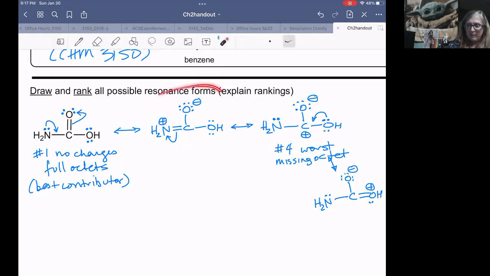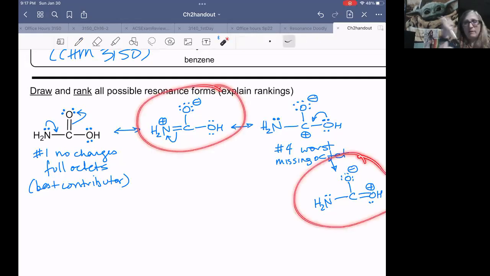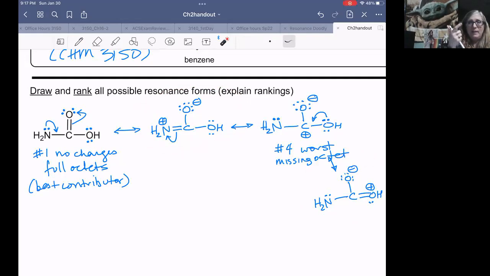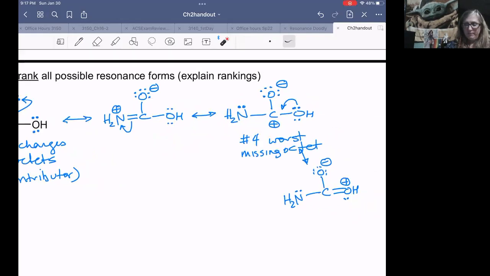All right, so now when we compare our last 2, they both have a plus and a minus. They both have all filled octets. So what's the only difference between them, and which one would be better? They both have an O minus, but where the positive charge is located, that's the only difference between these 2.